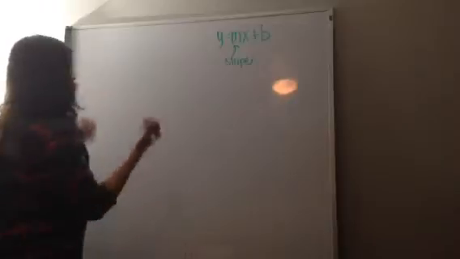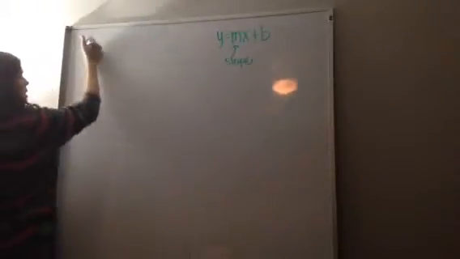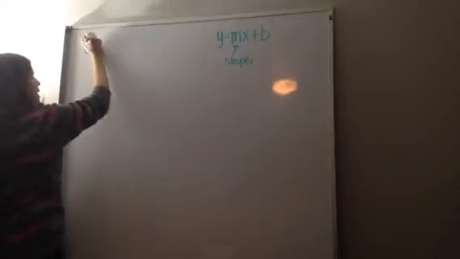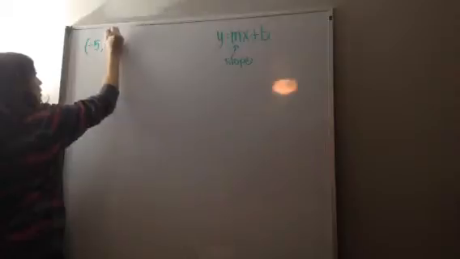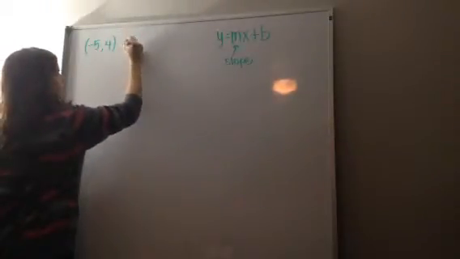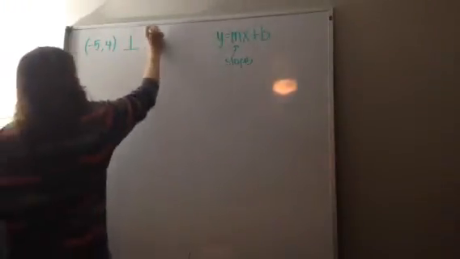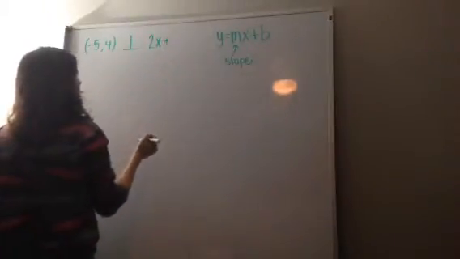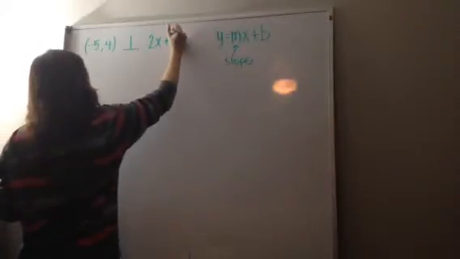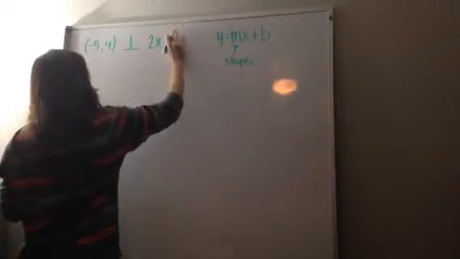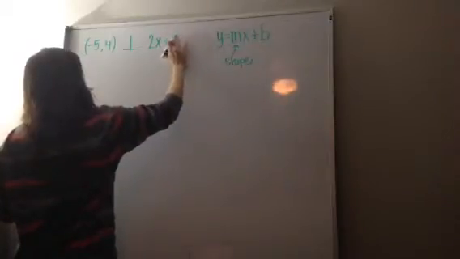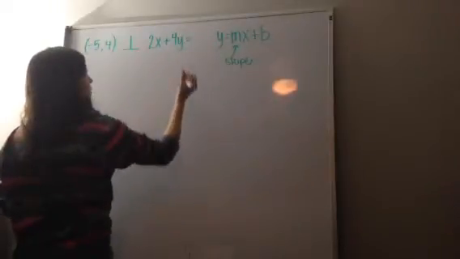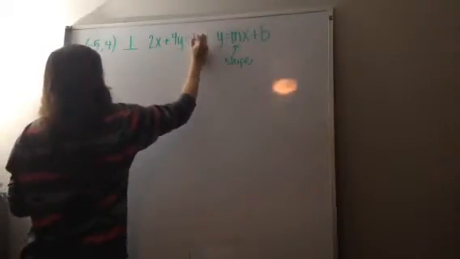So what if they told us that this line is going to go through, let's say, negative 5, 4, and it's going to be perpendicular to 2x plus 4y equals 16.